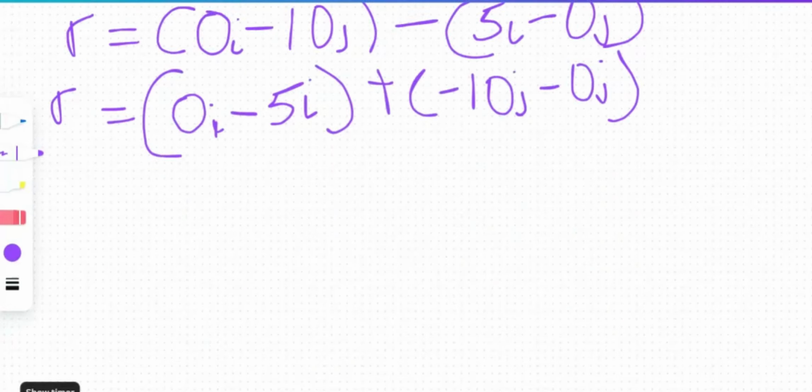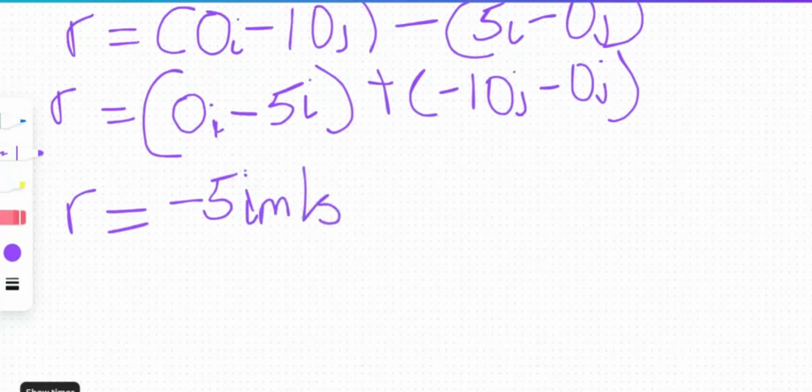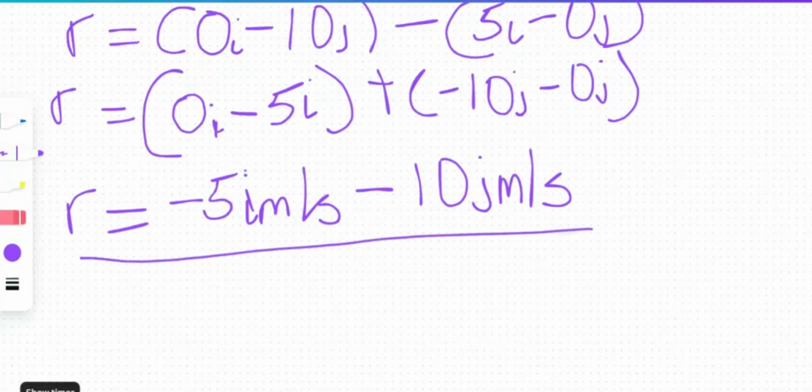And that will give us r is equal to negative 5i meters per second, plus 10j meters per second. So this is the relative vector.